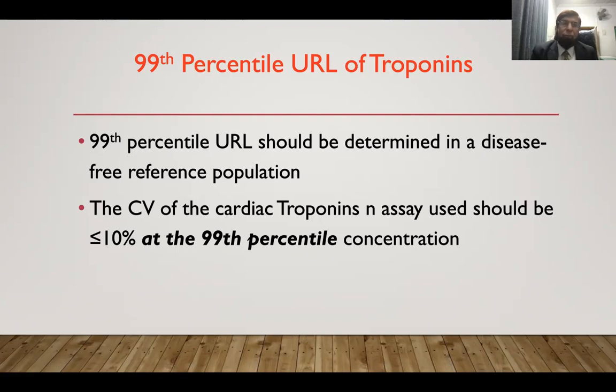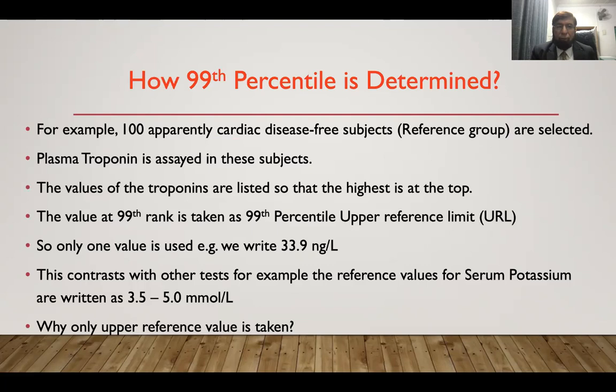The CV, or coefficient of variation, of a test is very important, and in cardiac troponin, since it is a very important life-saving test, it is a matter of life-saving. So that's why troponin assays should have less than 10 percent CV at the 99 percentile concentration.